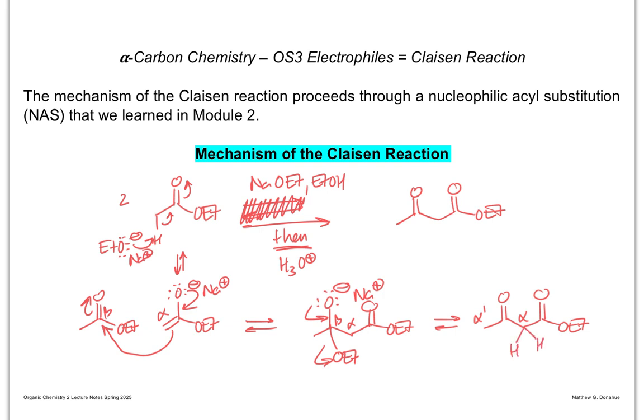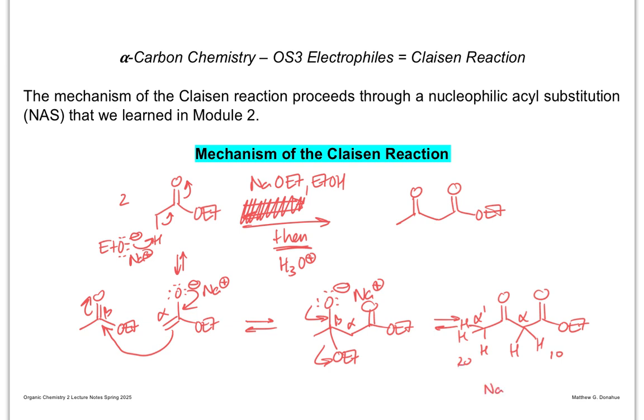But if you look at that alpha carbon, it's now sandwiched between two carbonyls. So those hydrogens have a pKa value of about 10 compared to the other ones, which are about 20.